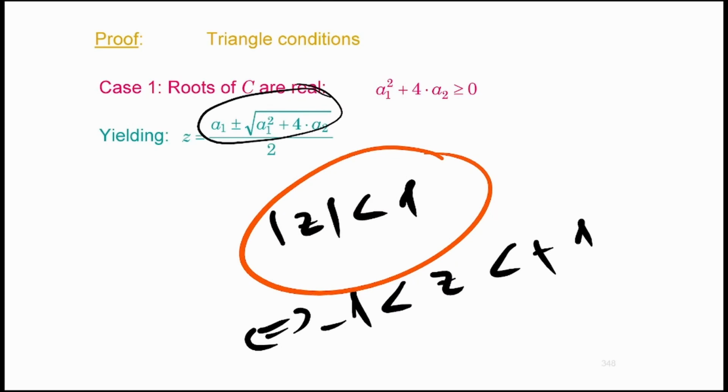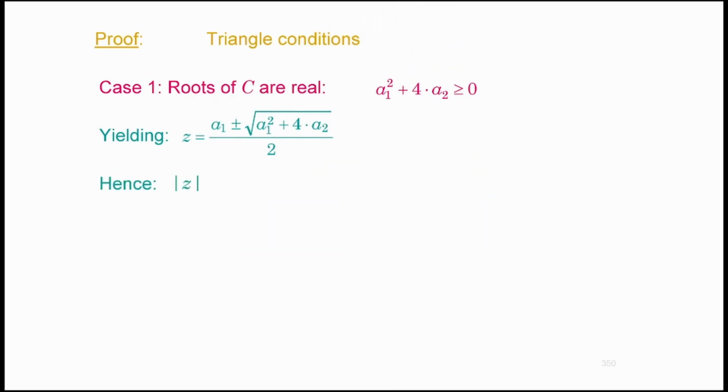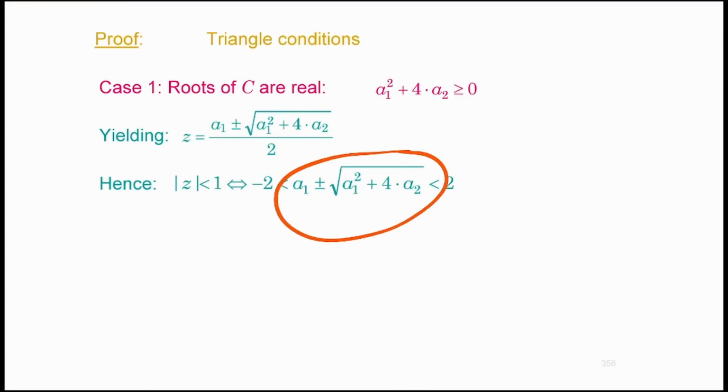So the numerator must be between -2 and 2, and that's what you come up with. So if the root is inside the unit circle, which is supposed to be, then -2 must be less than the numerator, and the numerator itself must be less than 2. So that means that the numerator of the root is going to be between -2 and 2.